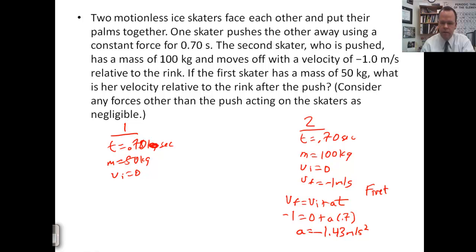So the force, F net equals ma. F net equals 100 times negative 1.43. So the net force is negative 143 newtons.